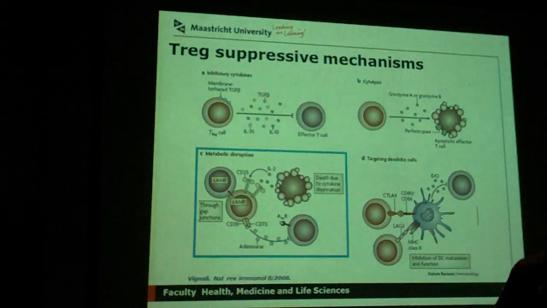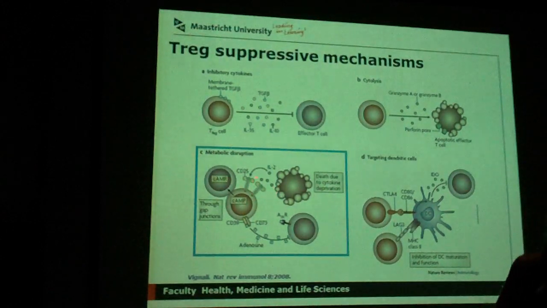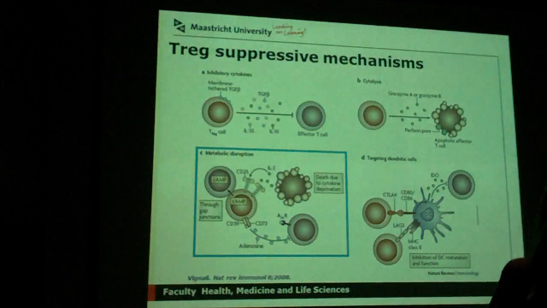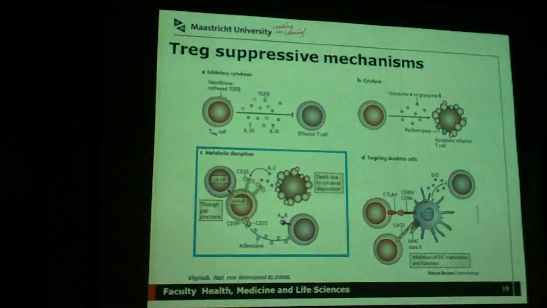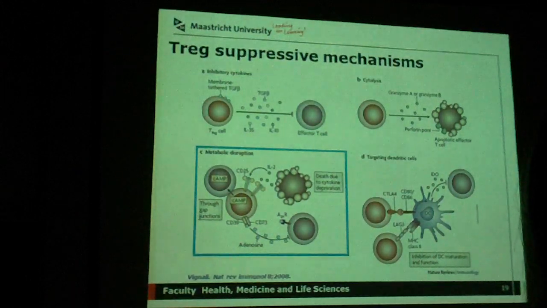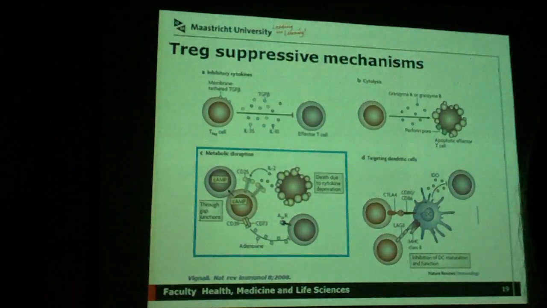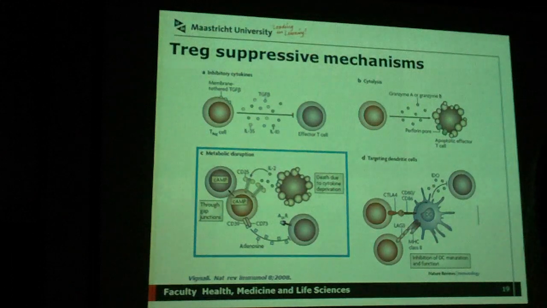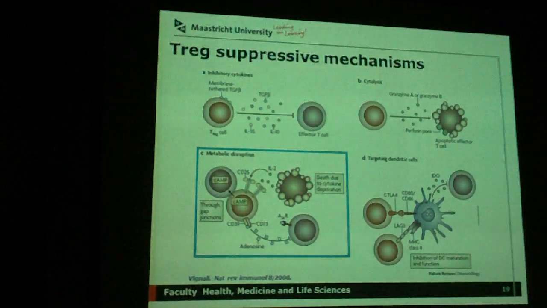This regulatory T cell expresses the high affinity IL-2 receptor all the time, and it's very good at competing for IL-2 with the effector cell. So it takes away all the IL-2 in the environment, and this will deplete the effector cell of this cytokine, and this will also cause the death of the cell. And there are still other ways in which, by metabolic disruption, this Treg can interfere with T cell response.